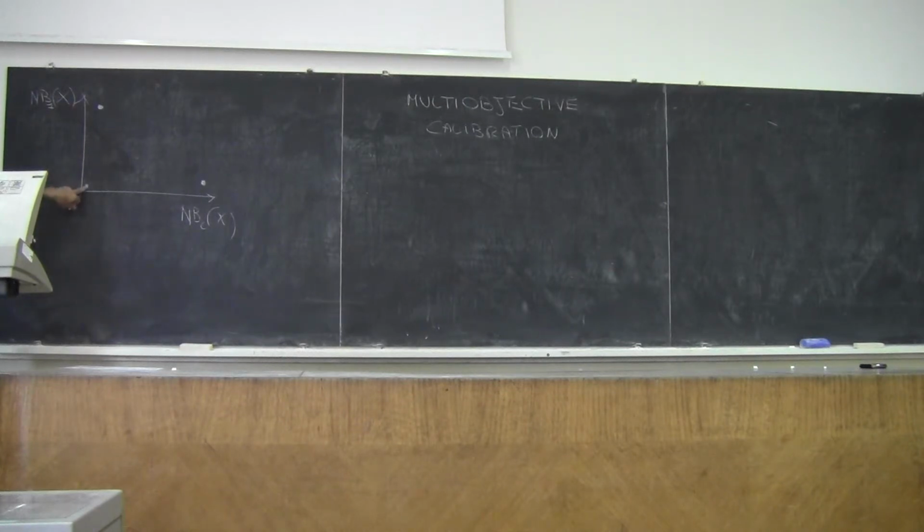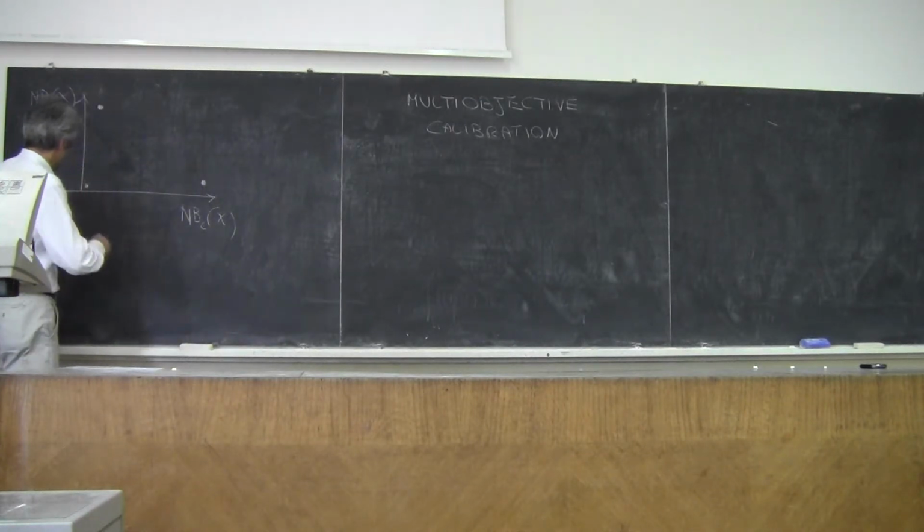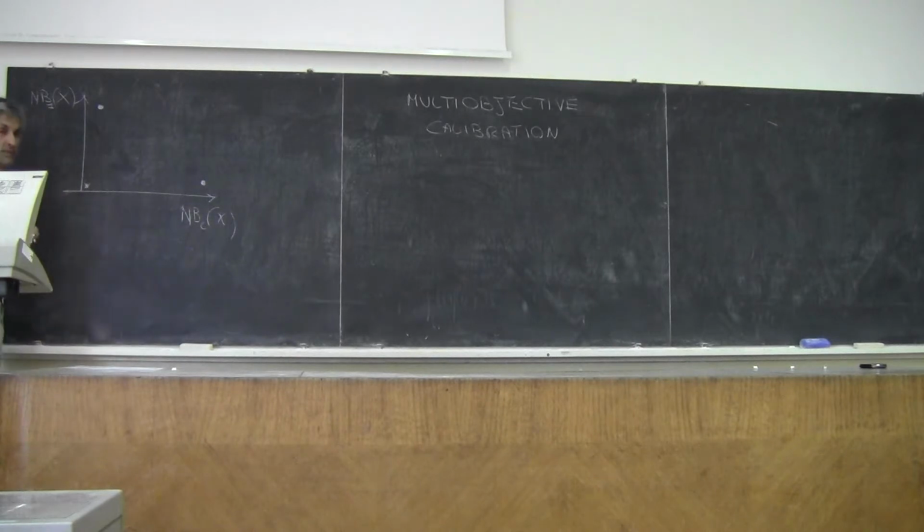So why should I consider this one? It's better if I get this one, because I have a higher benefit for B1 and a higher benefit for B2, so this one is for sure better. Or this one is for sure better. So this one sure is to be rejected.